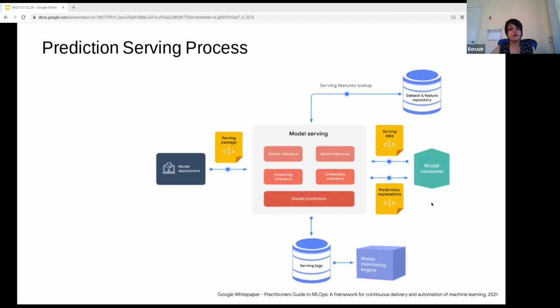More and more, especially in certain industries such as healthcare and finance and government, public sector, there's a need to explain not just your model, but also each and every prediction. So, why did your model make a particular decision for this particular serving data, for example, a particular person's loan application?